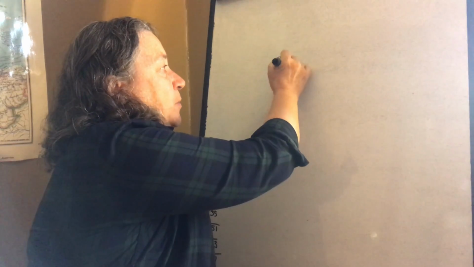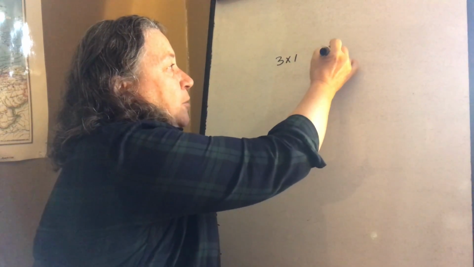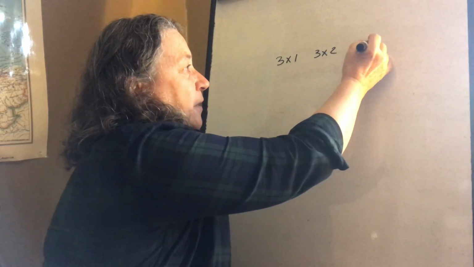Okay, here we go. So one thing I want to remind you of is we spent a lot of time at the beginning of the year learning about multiples of 10 and 100. So let's write the multiples of 3 first. 3 times 1, 3 times 2, 3 times 3.